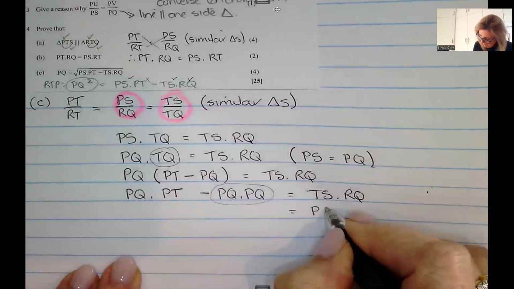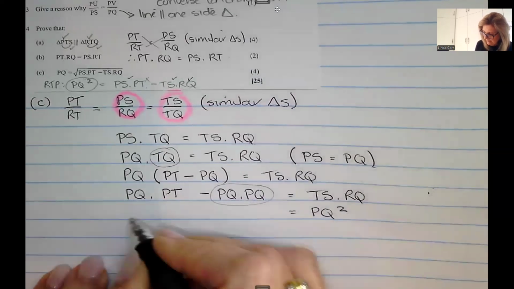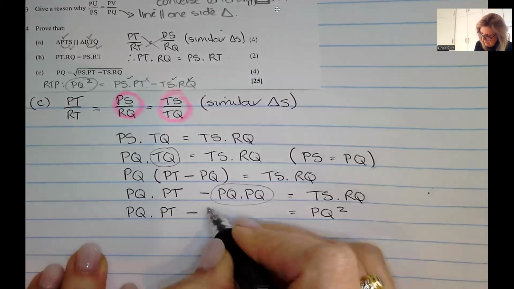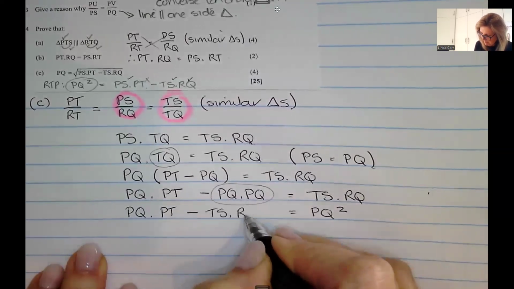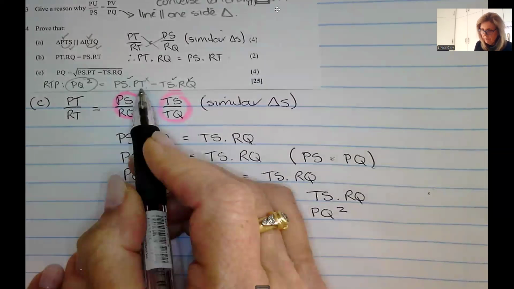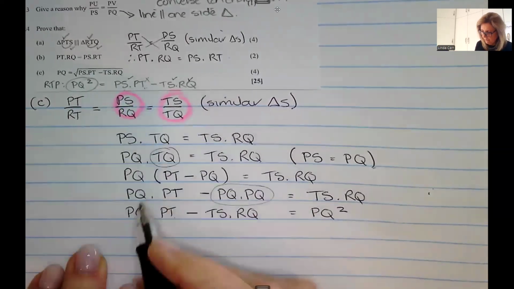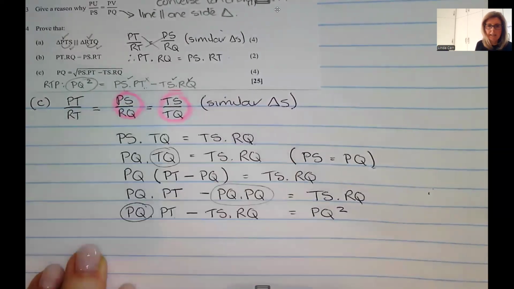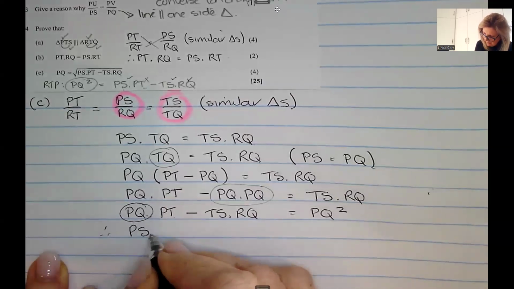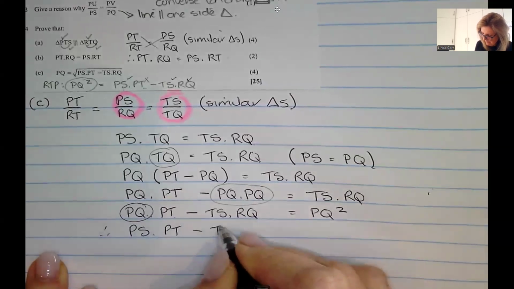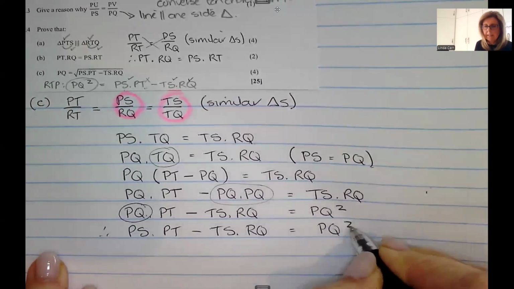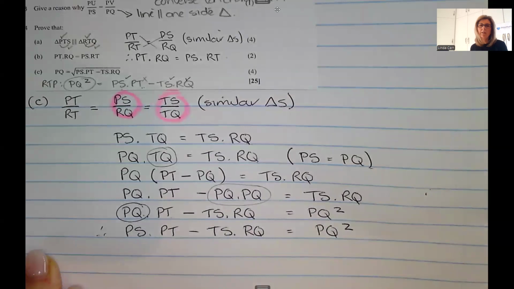So I'm going to put the PQ squared that side, PQ times PT minus TS times RQ. Hooray! So the only thing that's not right is I've got a PQ and I want a PS. So I can just change it back again. PS times PT minus TS times RQ is indeed equal to PQ squared.